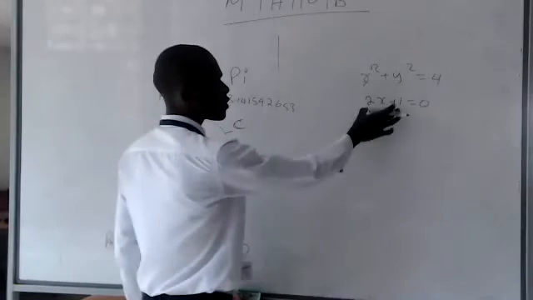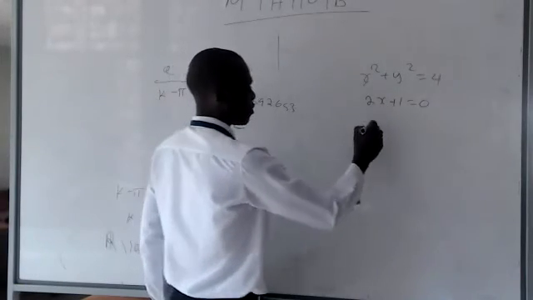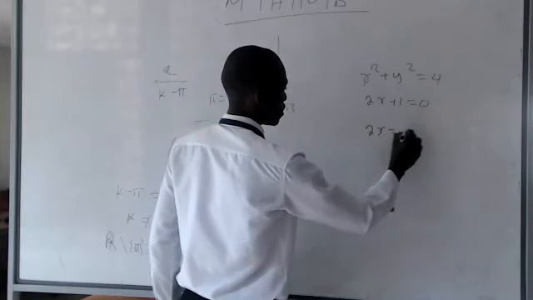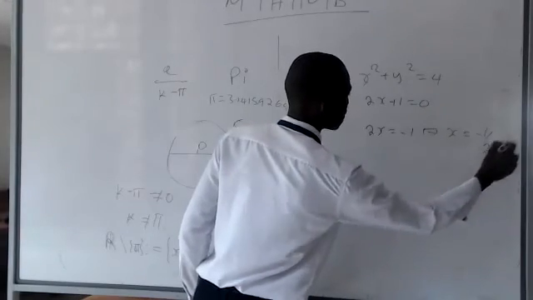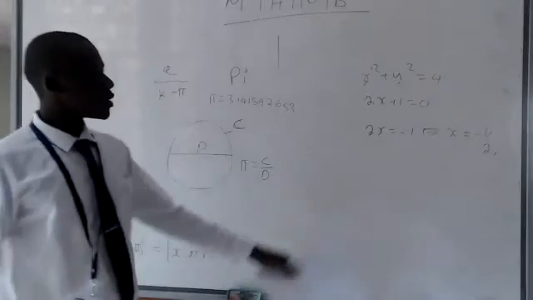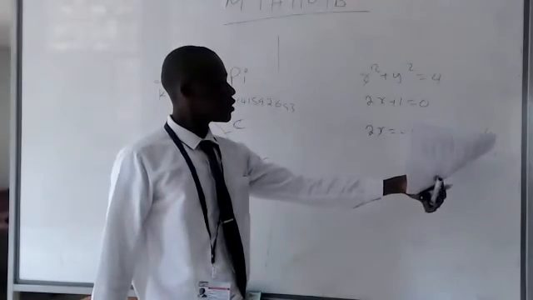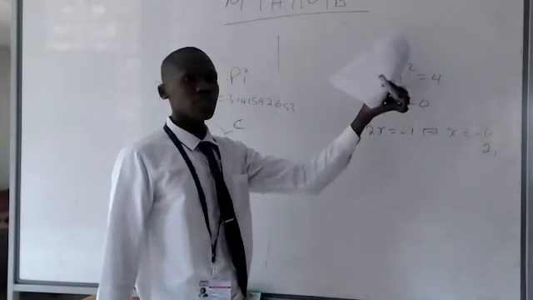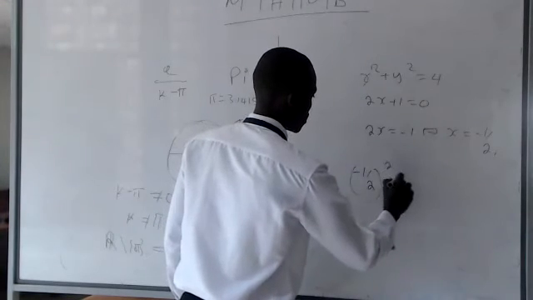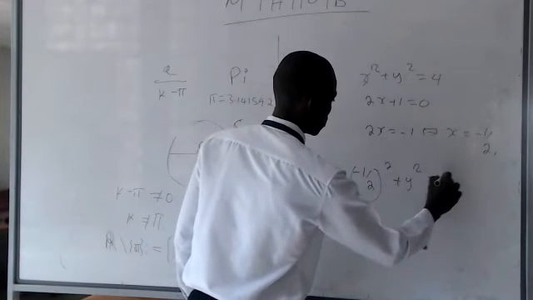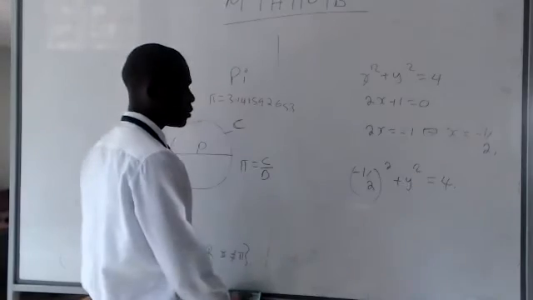We could solve for x first from the second equation by saying that 2x is minus 1, therefore x is minus a half. Now that we know x, substitute for x with minus a half in the first equation. So negative a half squared plus y squared is equal to 4. Well, what does this mean?